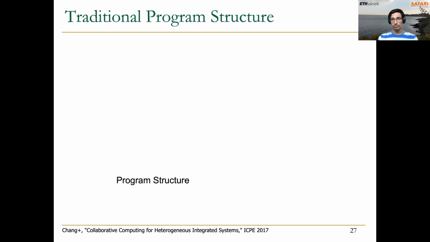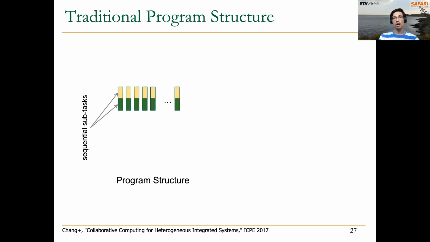So let's very quickly recap the traditional program structure. In the traditional program structure, think now about a GPU where we have multiple threads operating on multiple different data parallel tasks. These data parallel tasks might be composed of subtasks that are executed sequentially, as you can see on the slide, and we may have many of them.